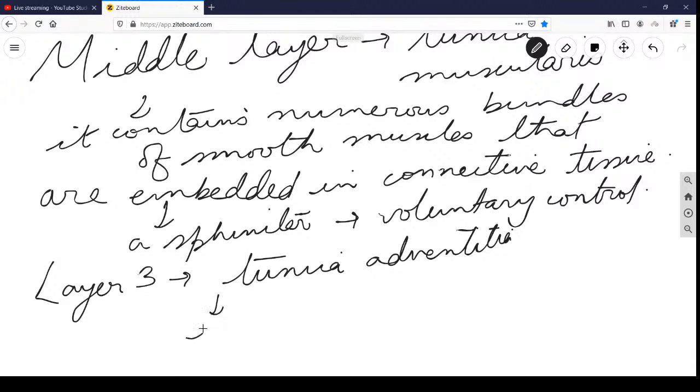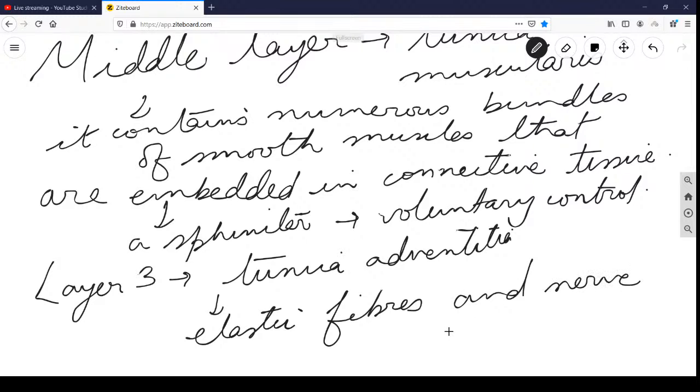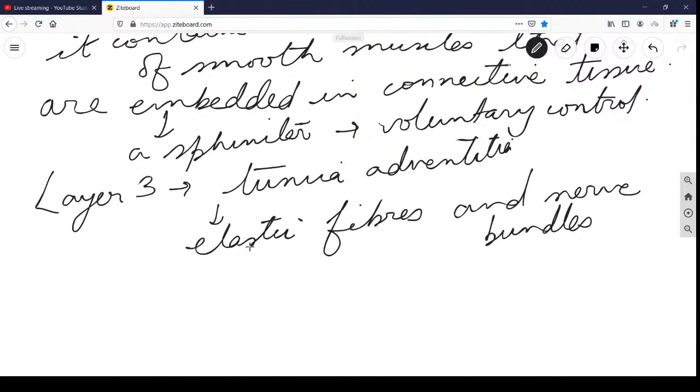So it contains the elastic fibers and mainly the autonomic nerve fibers that control blood flow and smooth muscle contraction of the vaginal tissue.